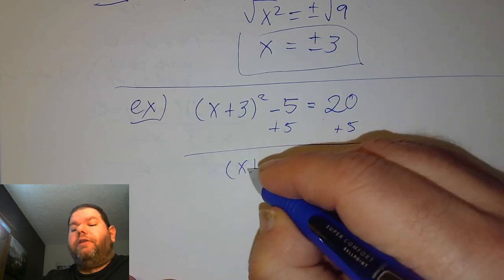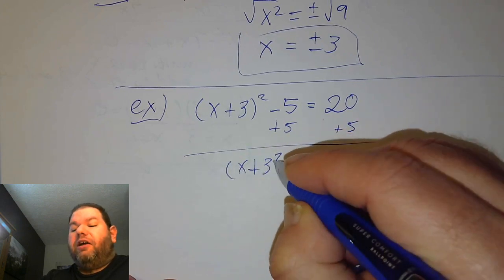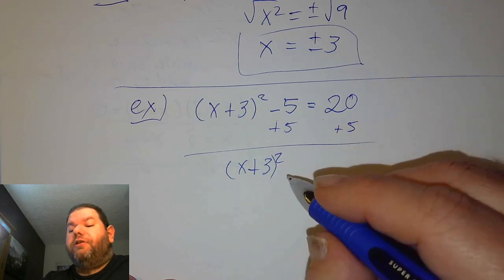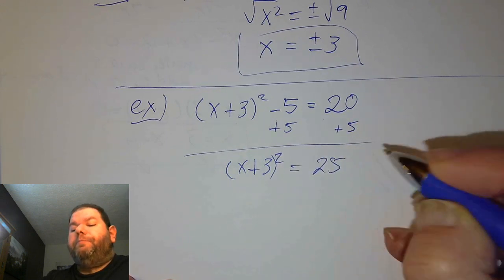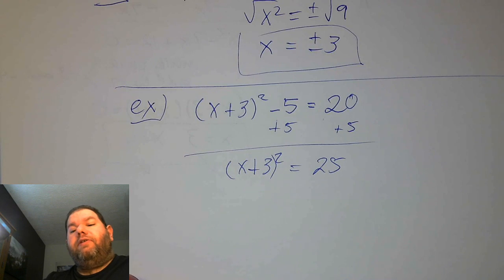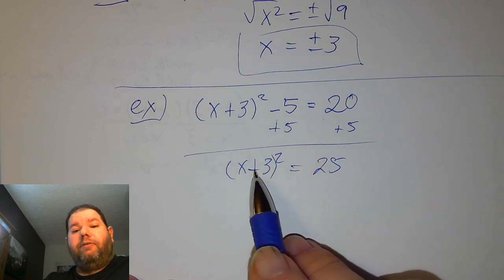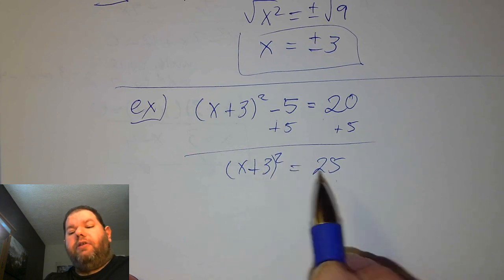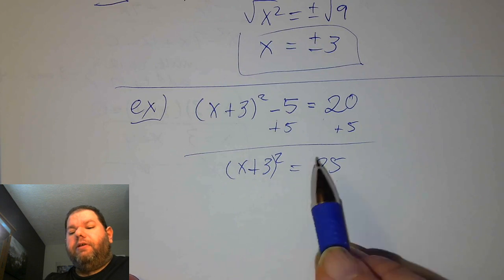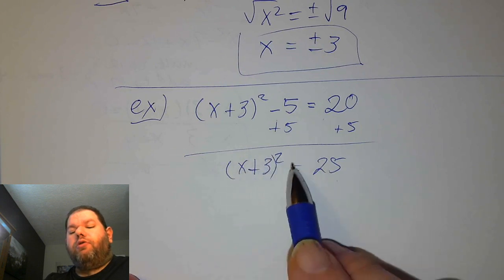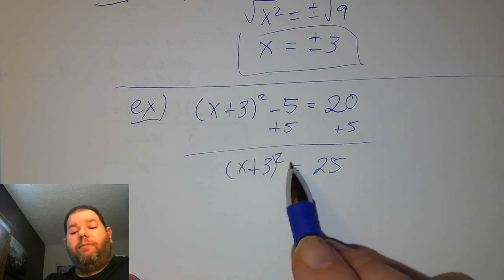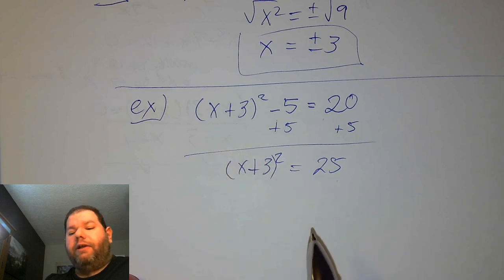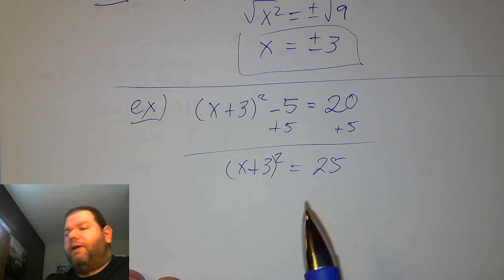I don't know why I drew a line there. I'm sorry. I guess because I was completing the operation. But the idea is that it's still the same as what is presented in the square root method. If we can get an expression that is squared equal to a constant, then we can apply the square root method. Even if we have a more complicated expression like a binomial instead of just a single x, the principle still applies.